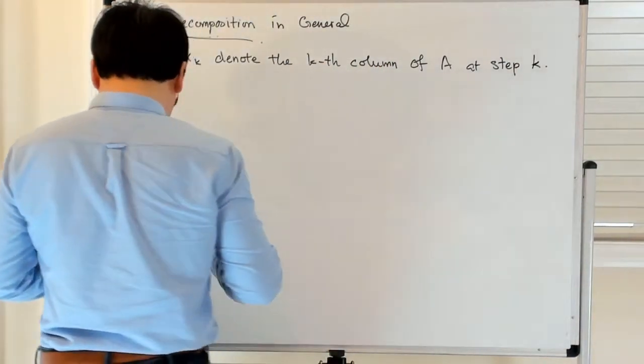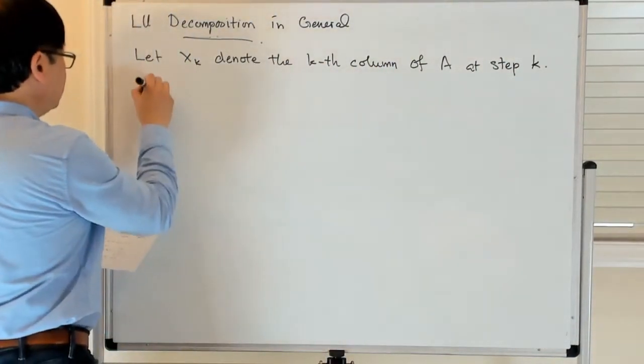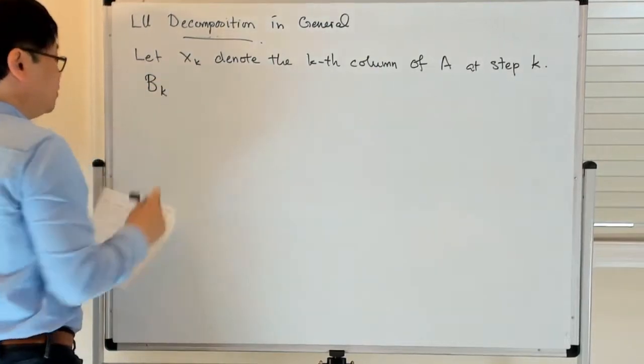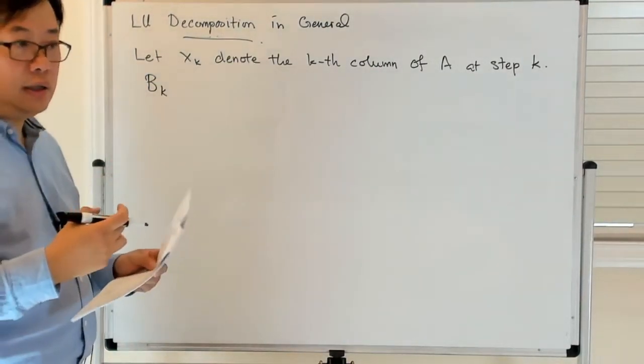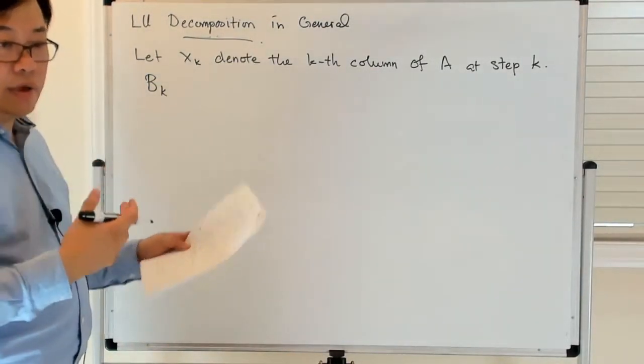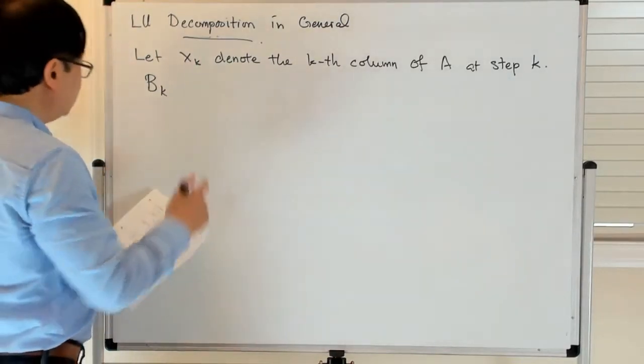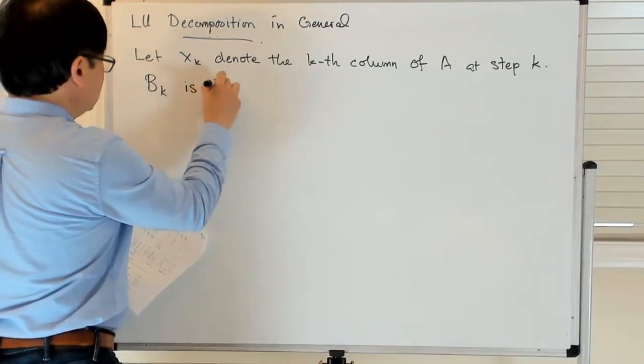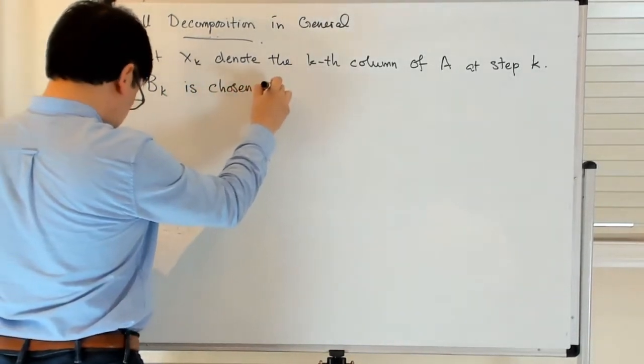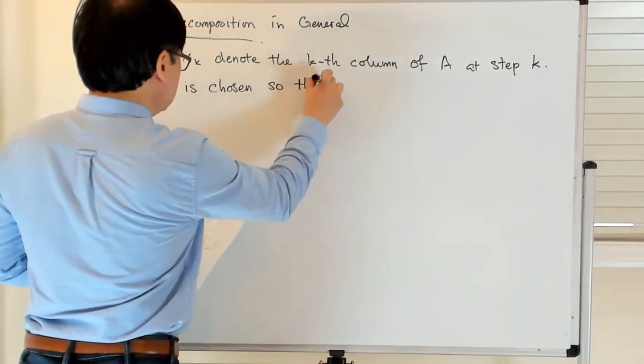And then I'm going to choose this matrix Bk, which again, if you recall, is representing the elementary row operations one uses in Gaussian elimination. So Bk is chosen so that the following is true.